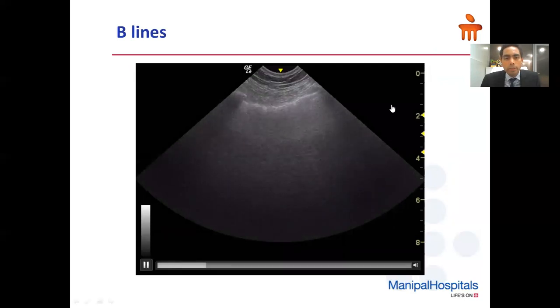Now the third thing you need to learn is about B lines. B lines are basically the vertical lines which start from the pleura and go towards the edge of the screen. They fade as they go, and they move along the pleura during inspiration and expiration.